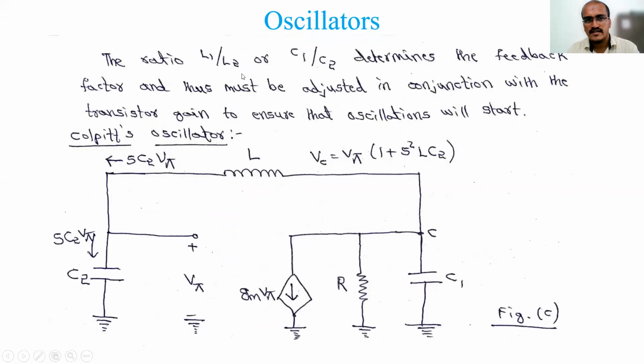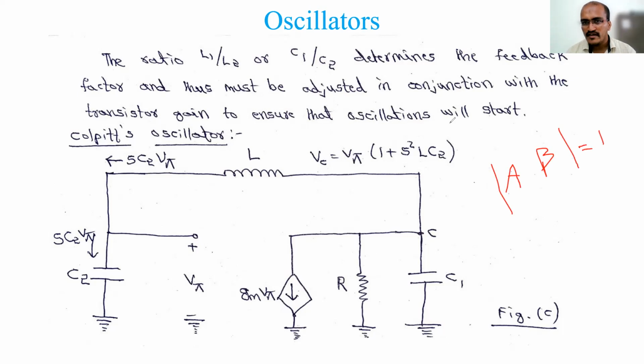See here, I made one sentence: the ratio L1 by L2 or C1 by C2 determines the feedback factor and thus must be adjusted in conjunction with the transistor gain to ensure that oscillations will start. Transistor gain is denoted as A, and the feedback factor is beta. If you take the magnitude of their product, it should be equal to 1 to satisfy the oscillation criteria.